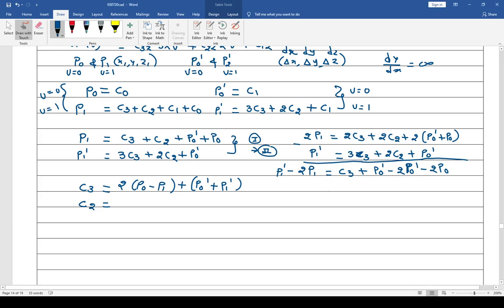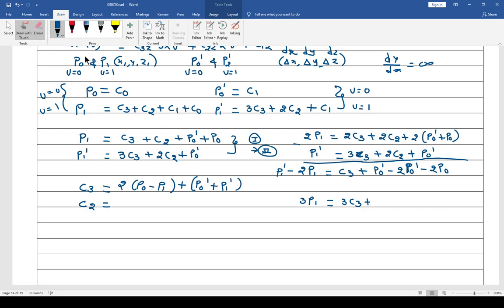Getting the same answer, so now we have to verify. Okay, so let's do it then. So 3p1 is equal to 3c3 plus... no, c3 we know.